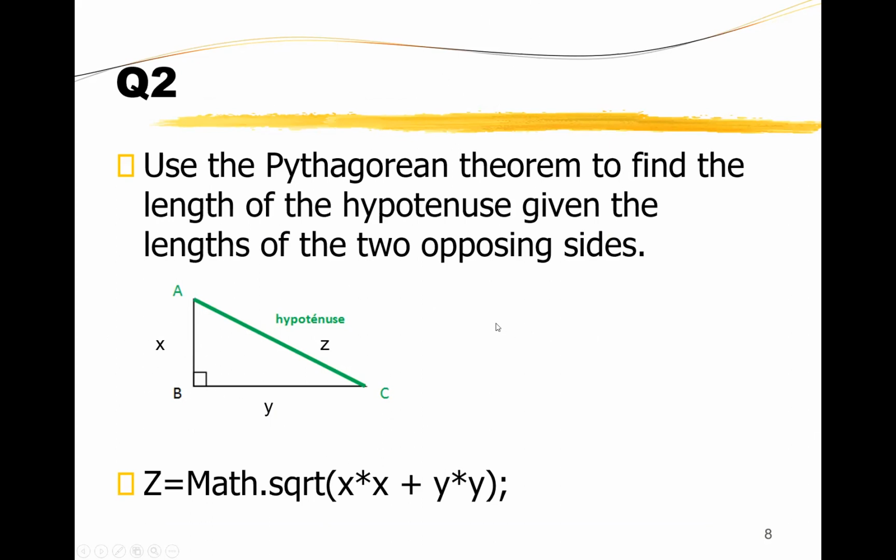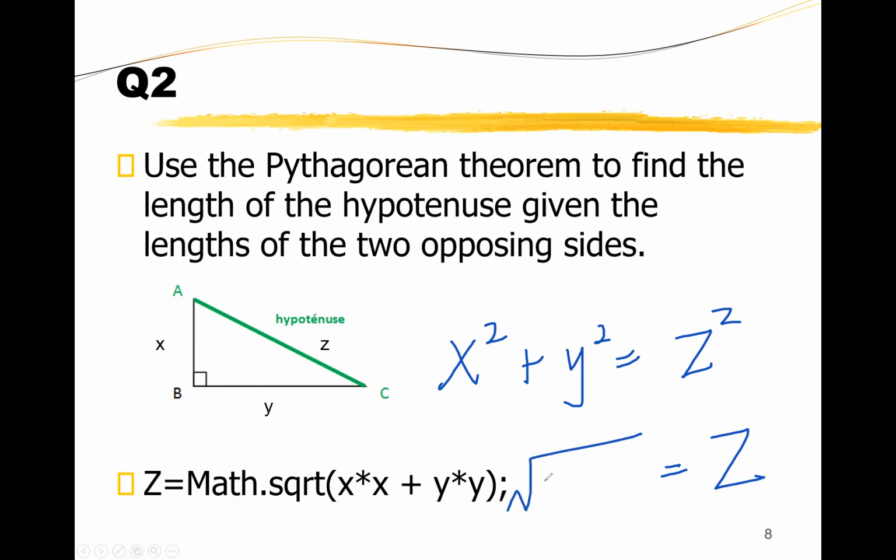Because you may have already learned that x squared plus y squared equals z squared. Therefore, z equals the square root of x squared plus y squared. Therefore, using this, you could find the z value.